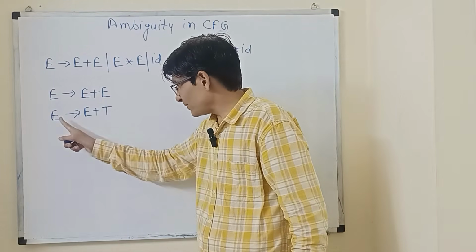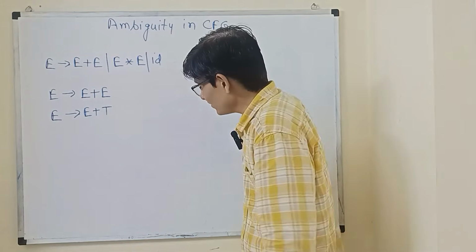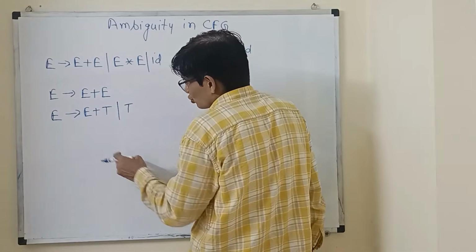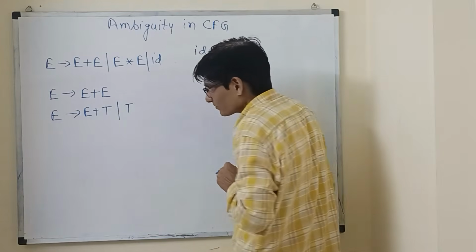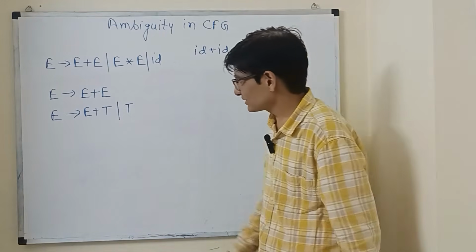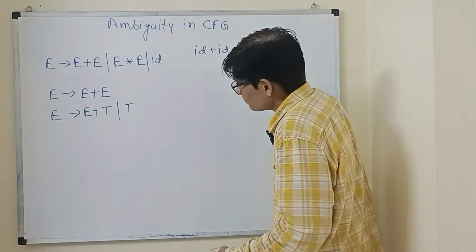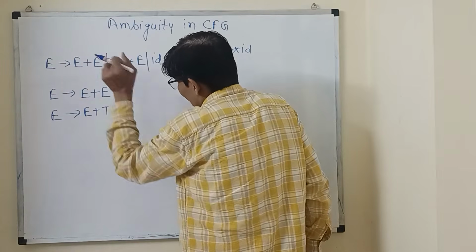Now as we are replacing E with a T, there must be some production where we will generate T directly from E. So I have to add one more production here, E gives T. Now this particular production we have converted into unambiguous form.